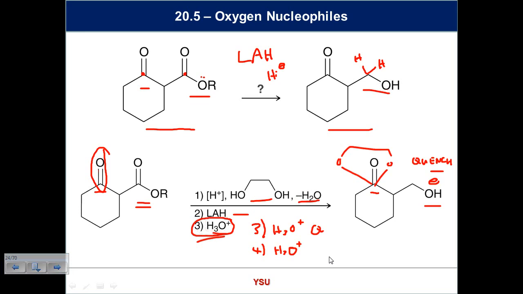That H3O plus is then put in to hydrolyze the acetal. And hydrolyzing the acetal is a much more complicated and longer process than simply quenching. So this here would then be used to hydrolyze. And that's not trivial. That's a chemical reaction much more complicated than simply quenching. You see it twice like that, it's not redundant.